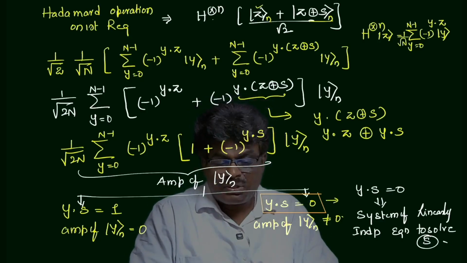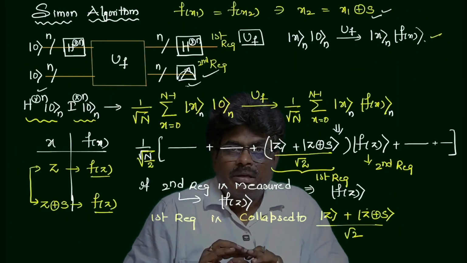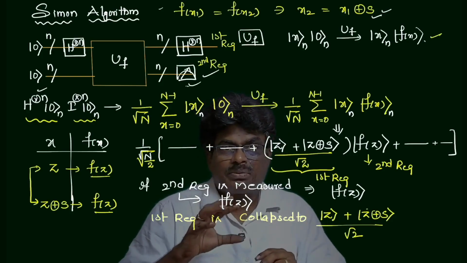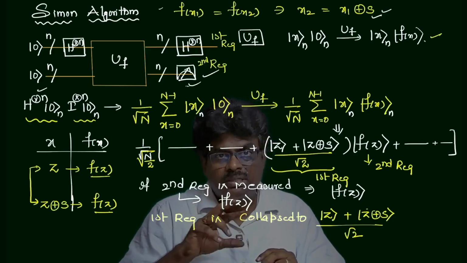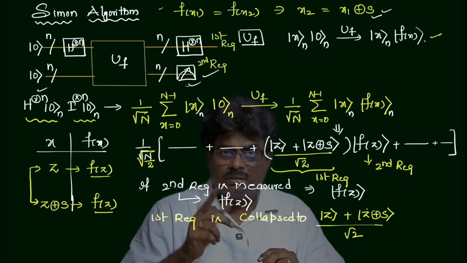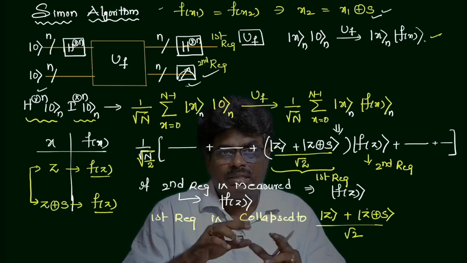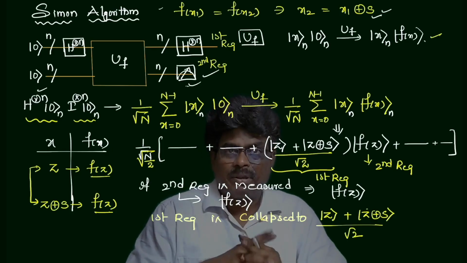So once again, please check what we have done here. This is Simon's algorithm, and the main statement is this one: f(x1) equal to f(x2). That means the outputs of two distinct inputs are the same. This is possible only when those two inputs have a relation, that is x2 equal to x1 XOR s, where s is the hidden periodicity.